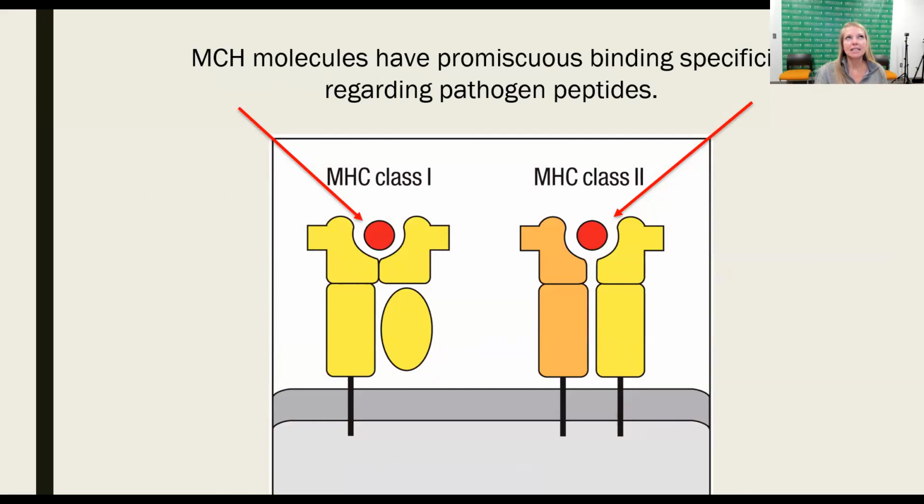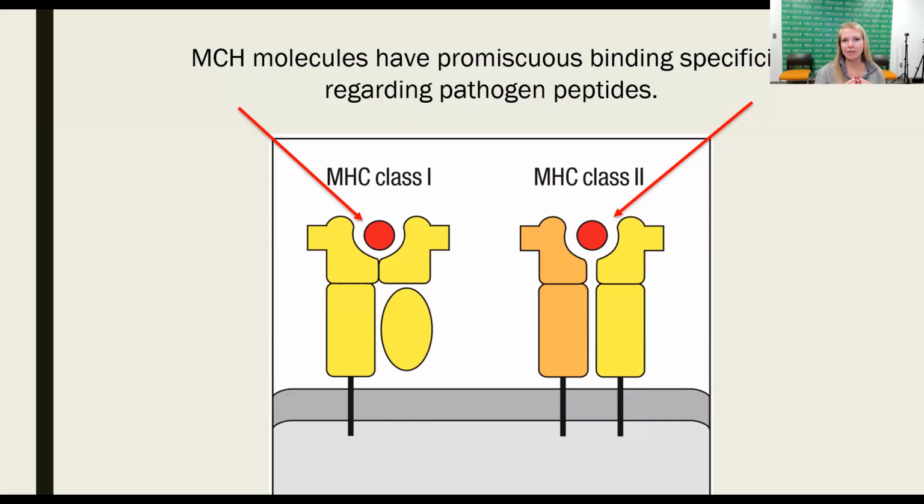We saw that T cell receptors have very, very specific binding to antigen. We saw that immunoglobulin has very, very specific binding to antigen. MHC class 1, MHC class 2 molecules have what we call promiscuous binding.